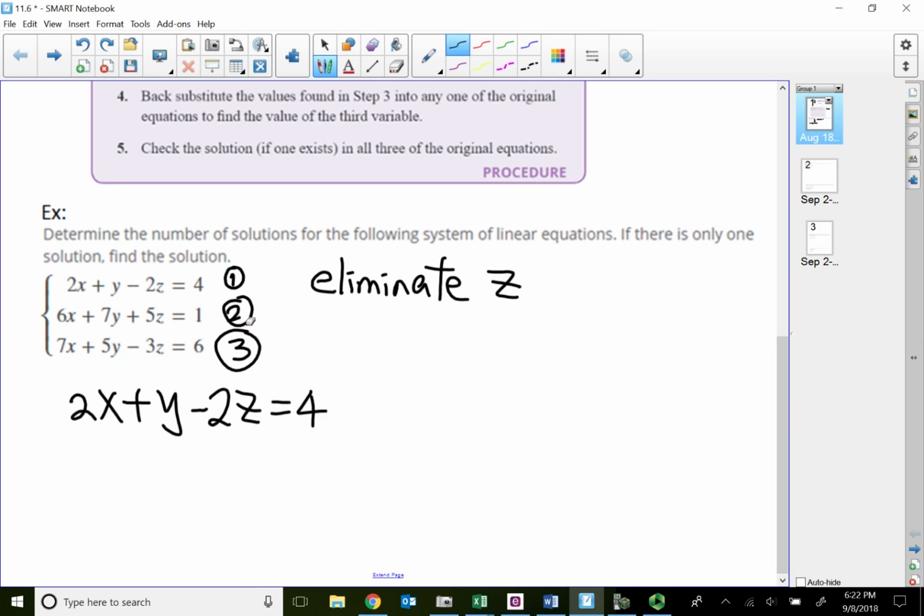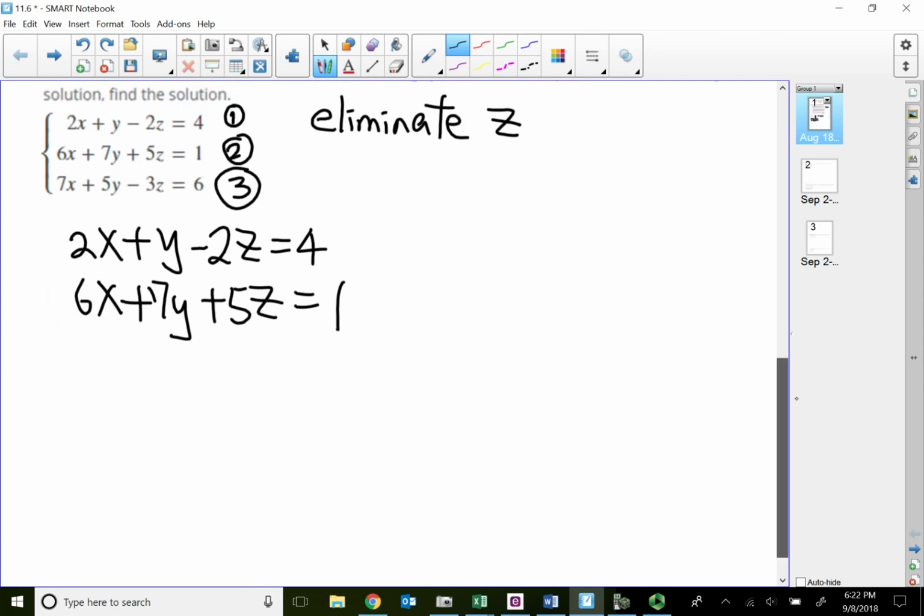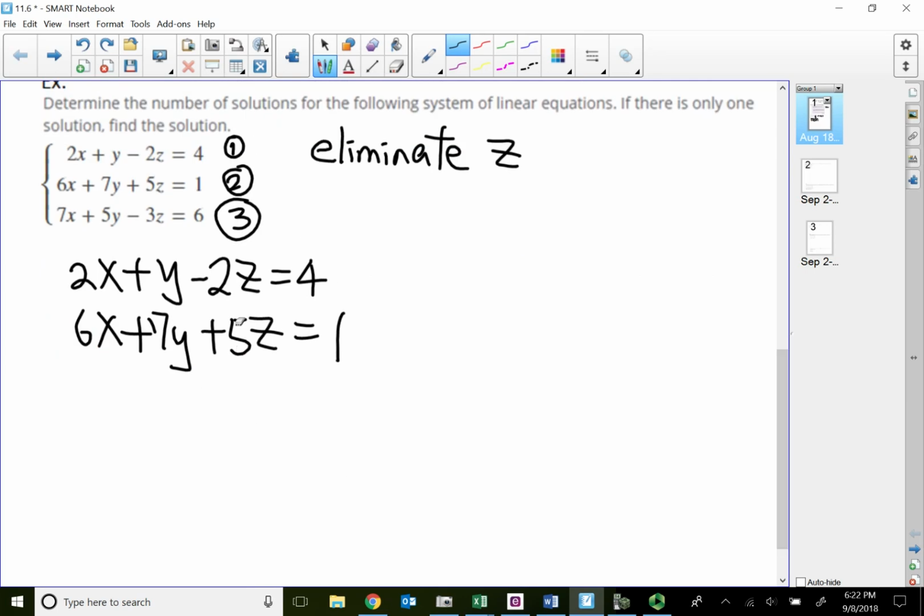Then I'm going to pick the second equation, 6x plus 7y plus 5z equal to 1. In order for me to eliminate the z, I need to make sure the coefficients of z are the same. The multiple of 2 and 5 is 10. So I'm going to make my coefficient into 10 for the z.